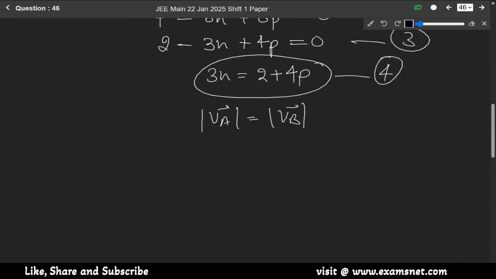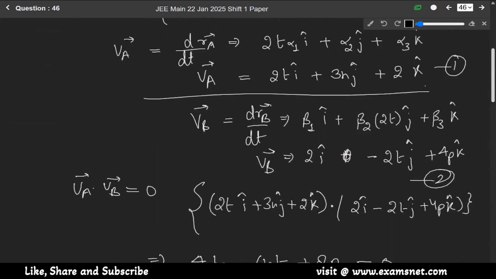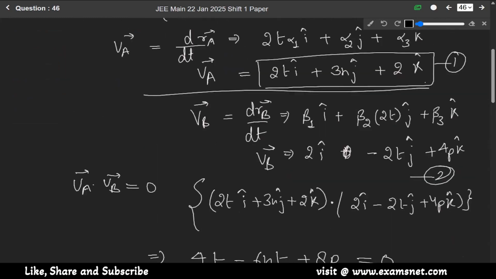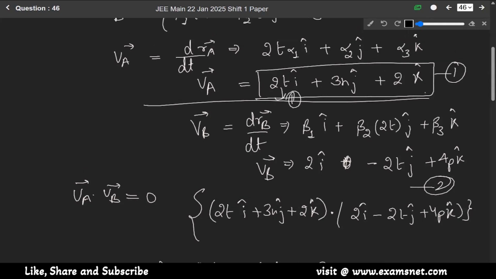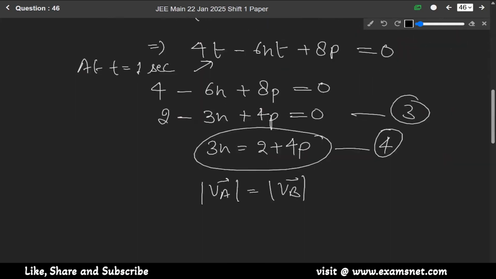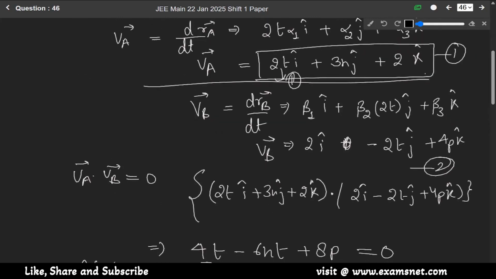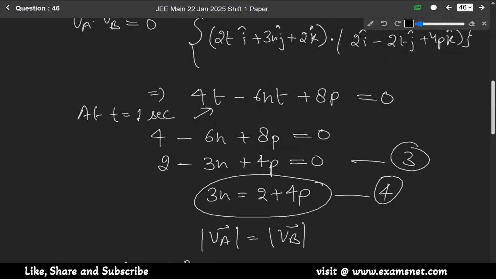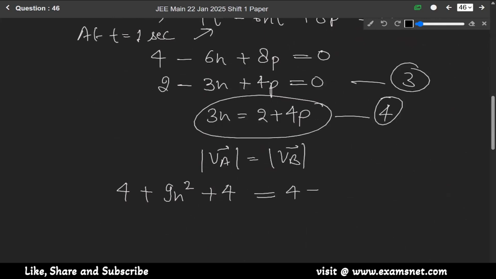So the modulus of VA will be 2 square plus 3n square plus 2 square, so it will be 4 plus 9n square plus 4, equal to the modulus of VB. VB at t equals 1 second is 2 square plus 2 square plus 4p square, so it will be 4 plus 4 plus 16p square.